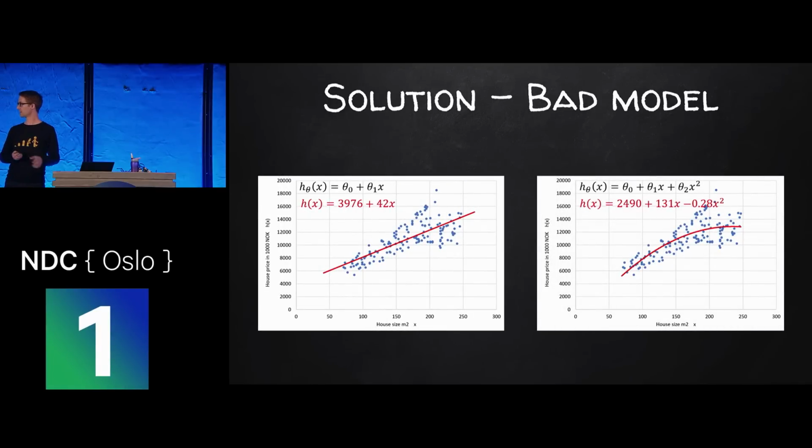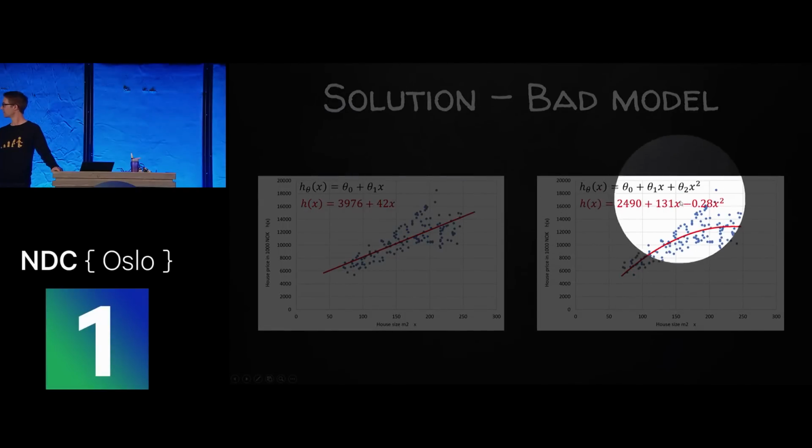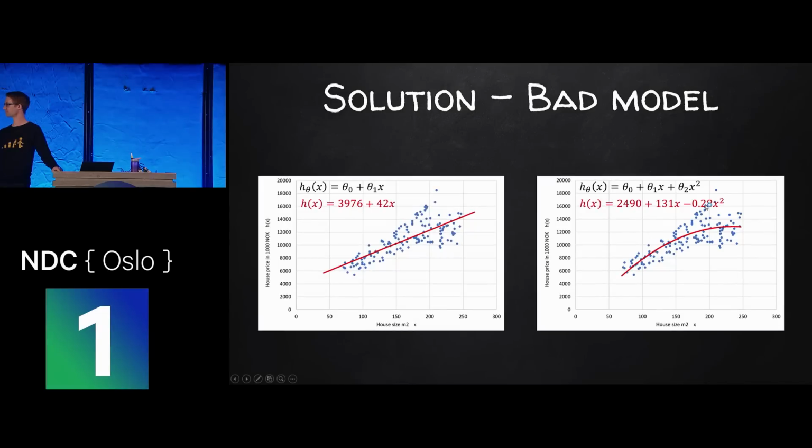Here we have added the squared feature x. Does this model map the sample data in a better way? Well, usually when doing machine learning, you would have some test data that is different from your training data.